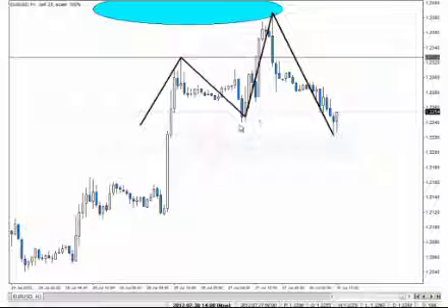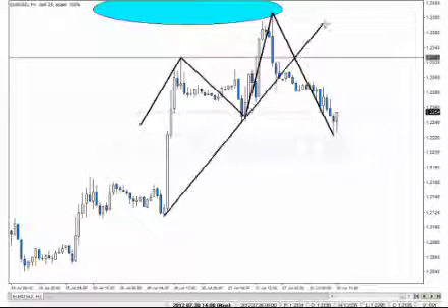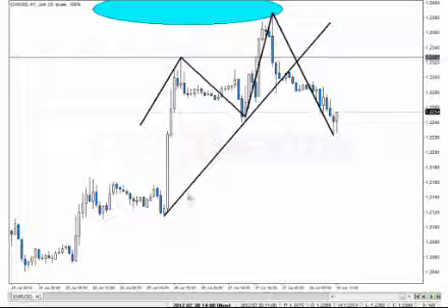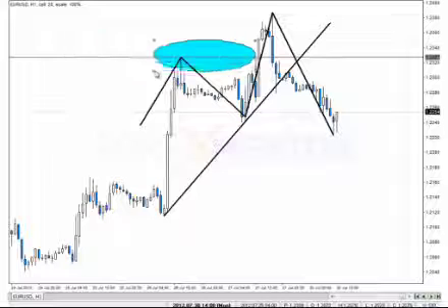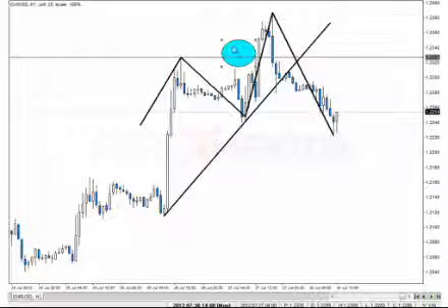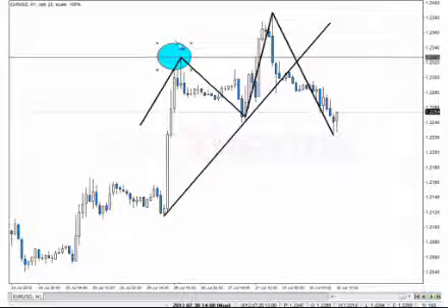You can see how we've cracked this low, and if you draw a little trend line in here, you can see we find support along the way, break, actually retested the area very briefly and then dropped. So we're now setting up for a possible head and shoulders, and the most important level for me right now is looking across to this left shoulder, so that we have a left equals right.